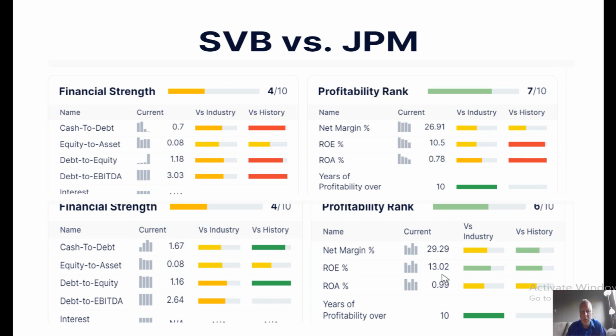Return on equity, 13%, a little bit better for Morgan than for Silicon Valley Bank. Return on assets, a little bit better for Morgan than Silicon Valley Bank. But basically, they look the same, with one exception. There wasn't much cash on hand at Silicon Valley Bank, which is one of the things that got them in trouble. So the cash to debt ratio was much higher for Morgan than SVB.